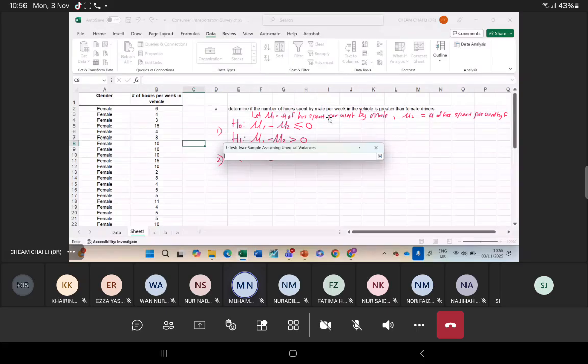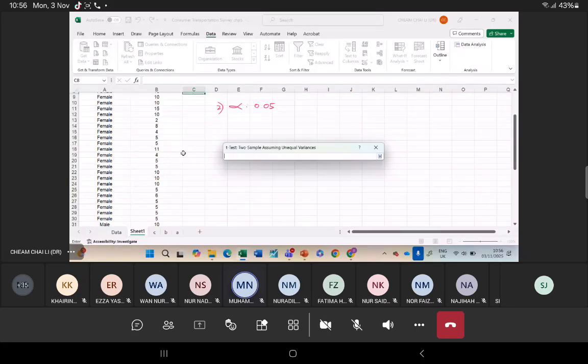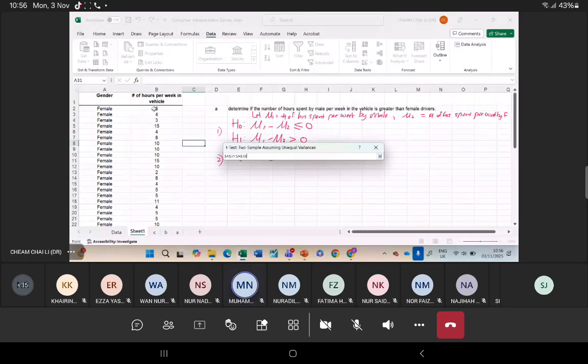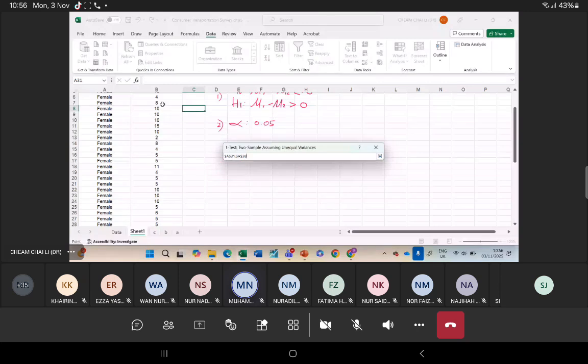So yeah, now mu1, right? Mu1 adalah male. Tapi kita bukan nak select male, male adalah text. We want to calculate the mean. So to get the mean of what? Mean of this variable, number of hours spent per week. So you check this male.